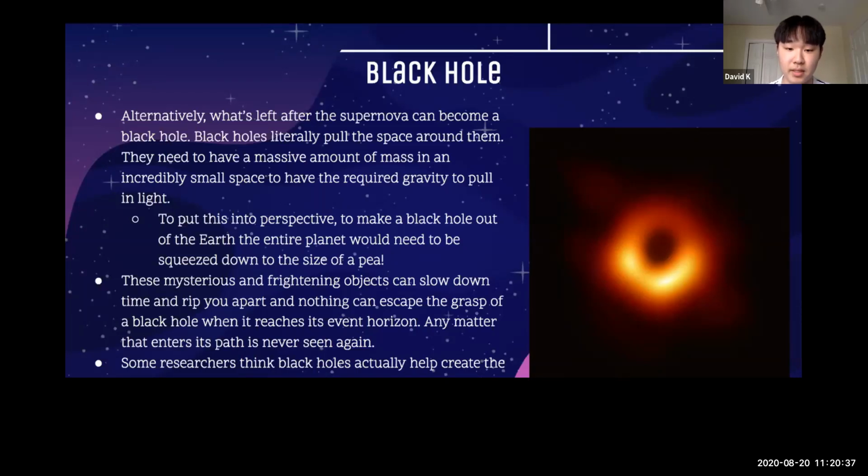To put this into perspective, if you put the Earth into a black hole, the entire planet would need to be squeezed down to the size of a pea, which is very, very small compared to the size of our Earth. That's just how dense it is.